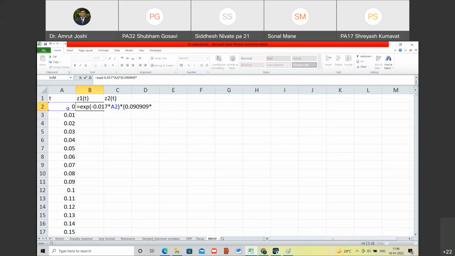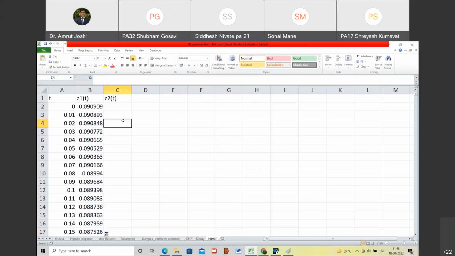This multiplied by cos of, in brackets, 1.824 into t, plus 0.000823 into sine, in brackets, 1.824 into t. Right? Yeah, right. Then the bracket is complete. So that is done.